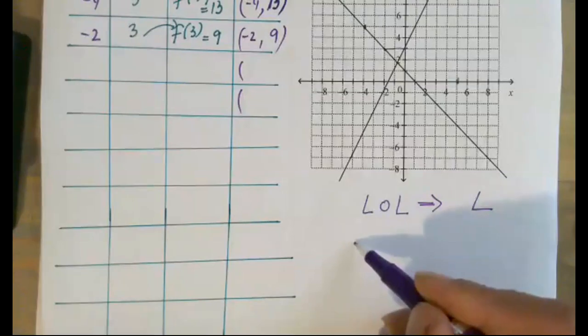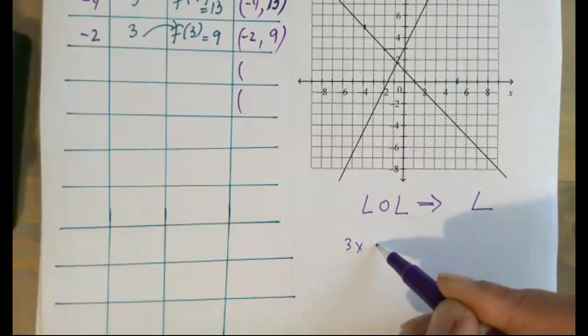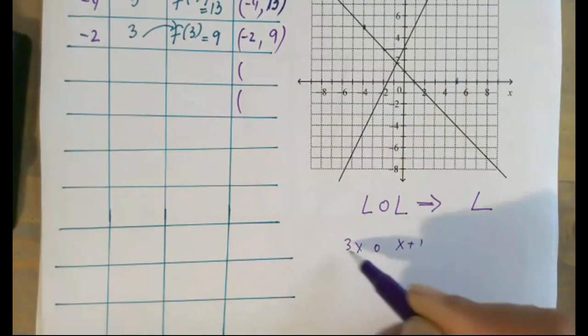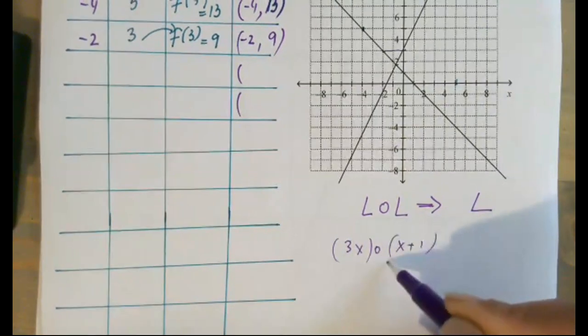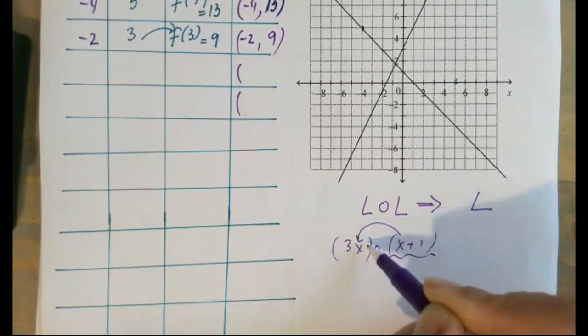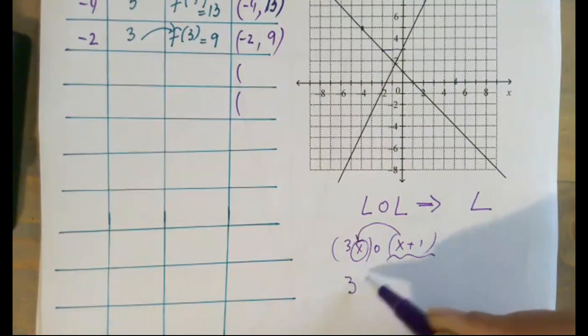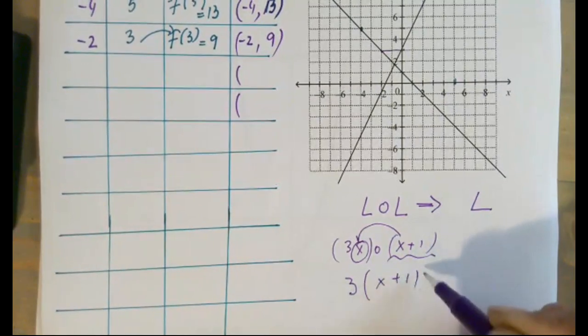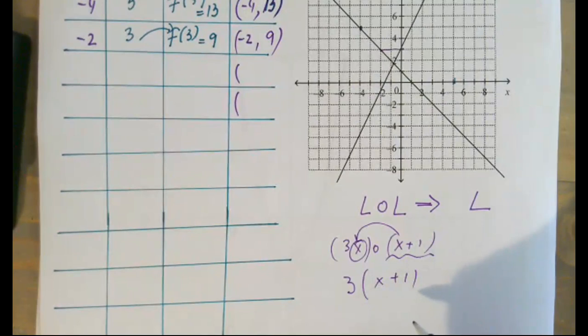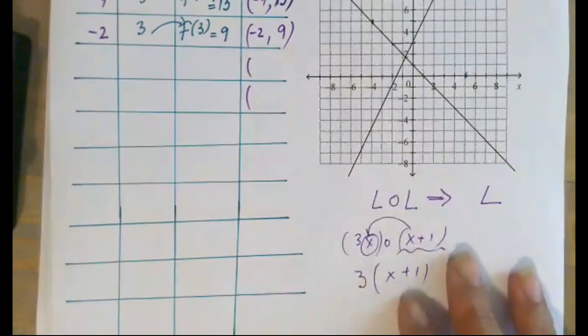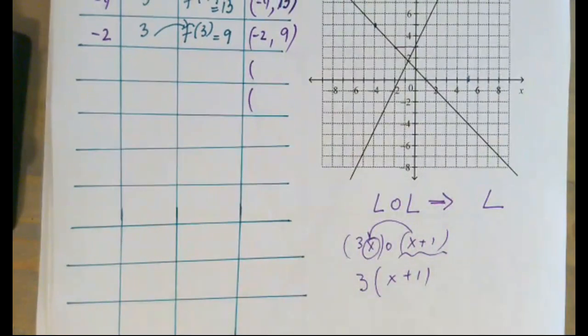If you have 3x composed with x plus 1, the x plus 1 becomes the new input over here. So basically you have 3 times x plus 1. It's still going to be a linear function. Not going to change. If you're not picturing it, just give yourself an example. You can picture it right away. So we're still going to get a linear.